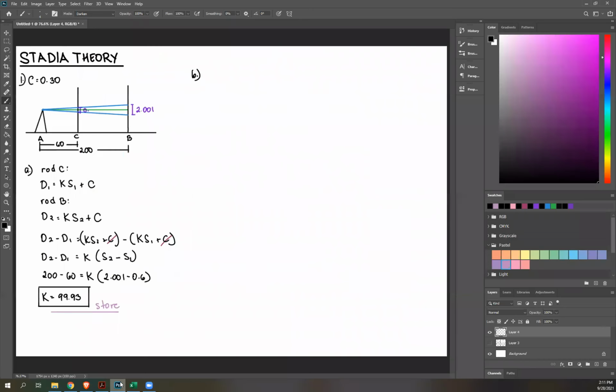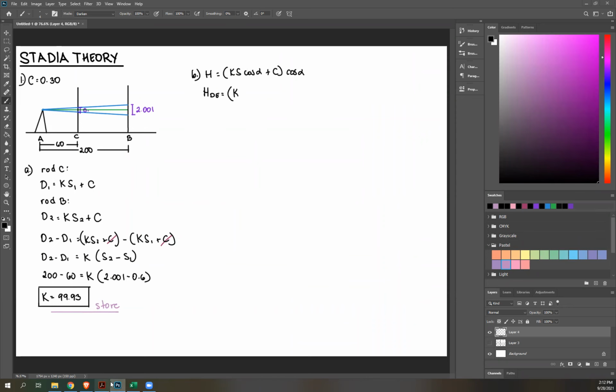So luckily, we have equations for inclined sights, right? That is Ks cosine squared alpha plus C times cosine alpha. So we just have to sub in our values. So let's start with horizontal distance from D to E. Okay, so I won't draw that yet. So K, it's this, so use that K.